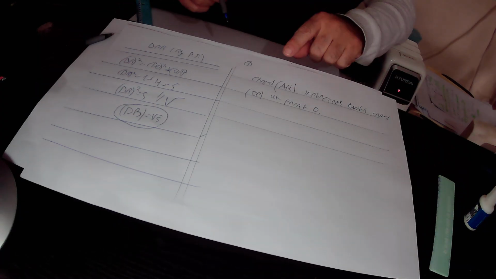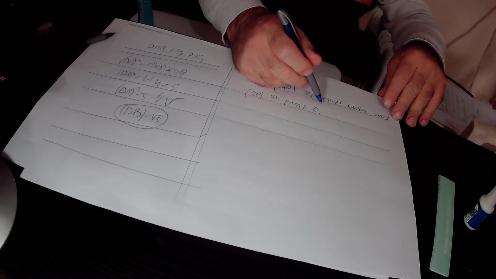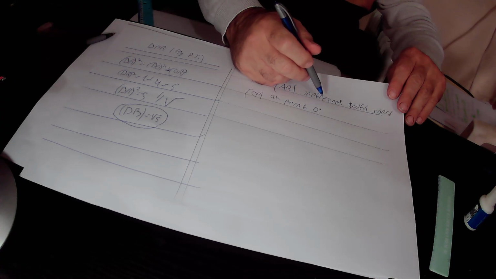Again, chord AQ intersects with chord CP at point D. So according to rule 24, the following equation is true.